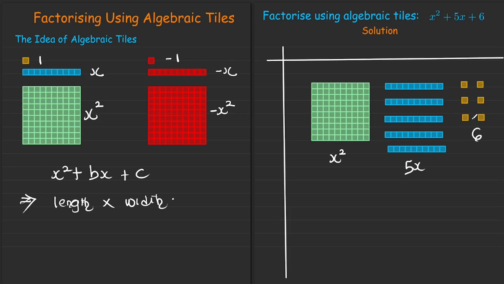Now, all we want to do is rearrange these shapes you have here so that they take the form of a rectangle. How do we do that? Let me first clean these writings we have here, and then we see how best we can arrange it.